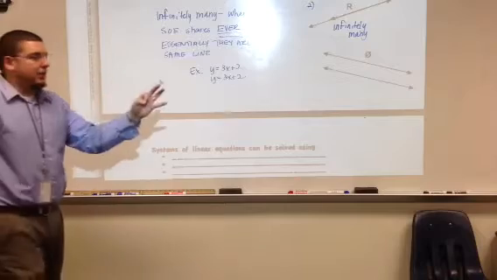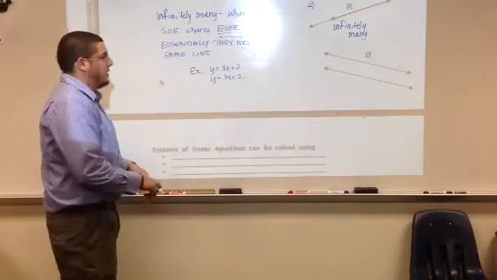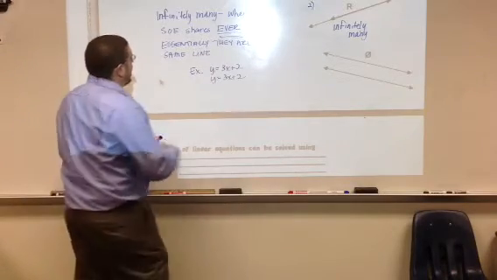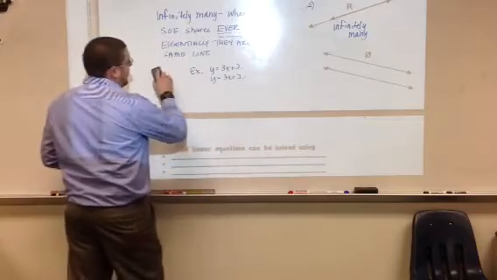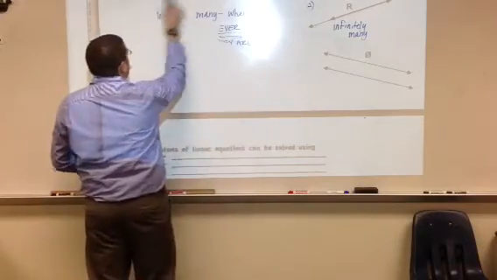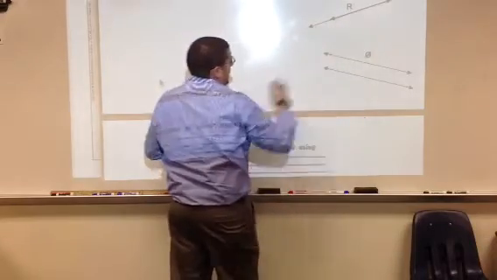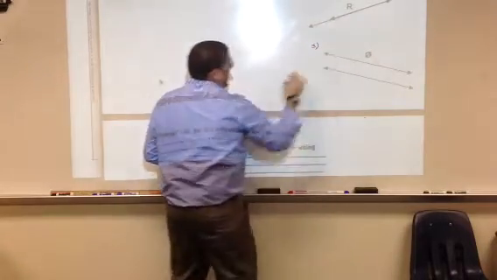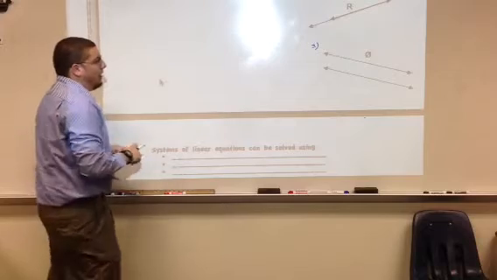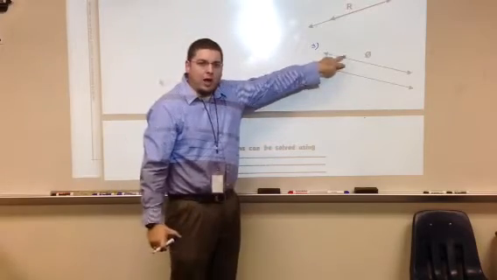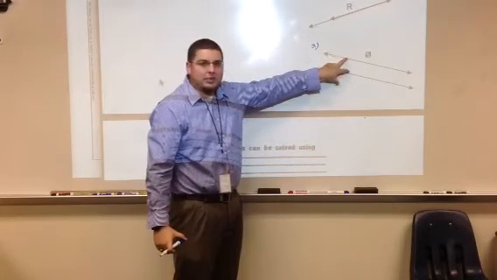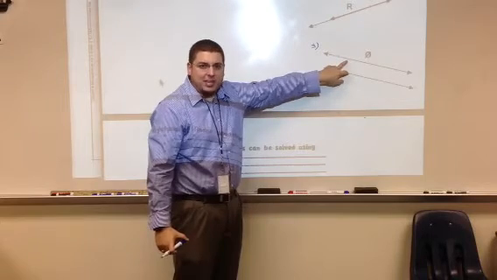Again, there are only 3 different types of solutions. And then finally, your third choice is right here. You can quickly tell those lines are parallel. These lines do not cross. Because these lines do not cross, they will never have an intersection. They're parallel.